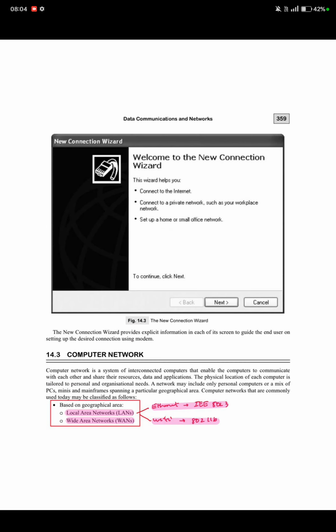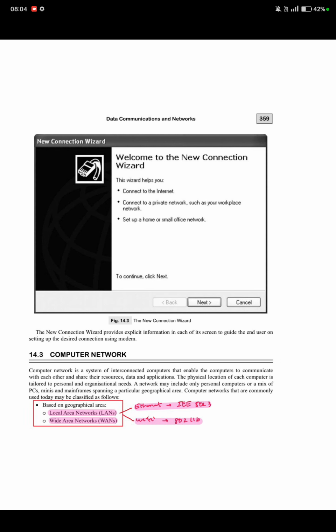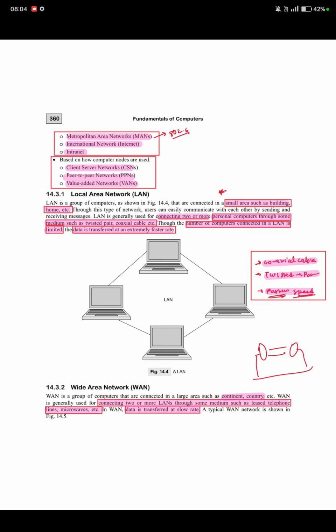Computer network. Based on geographical area: local area network, LAN, Ethernet, IEEE 802.3; wide area network, WAN; metropolitan area network, MAN, IEEE 802.6; international network, internet; and intranet.